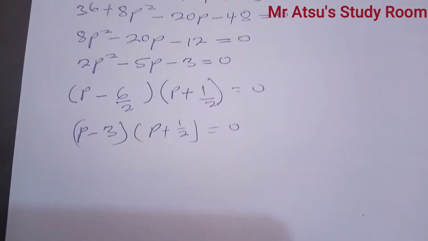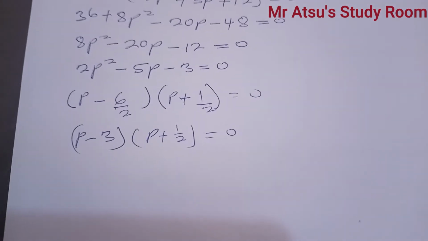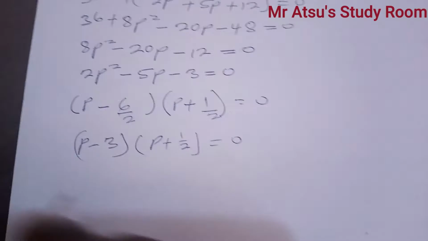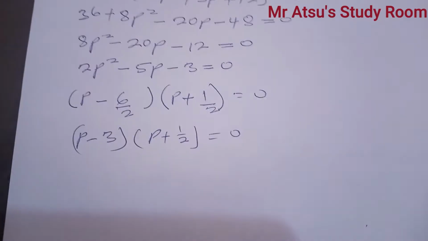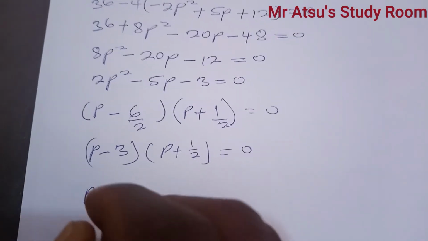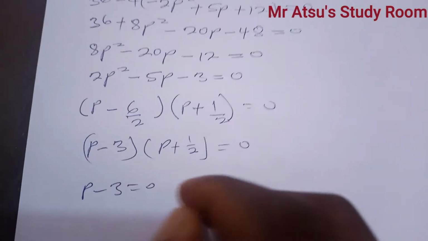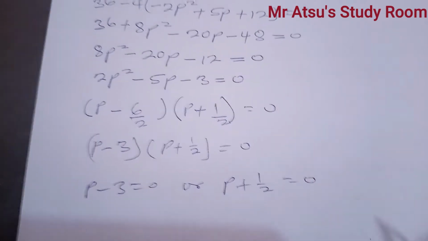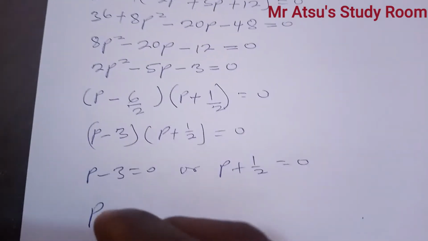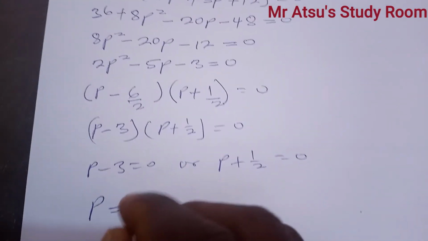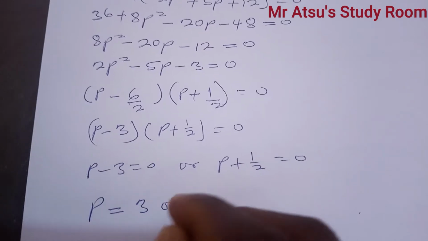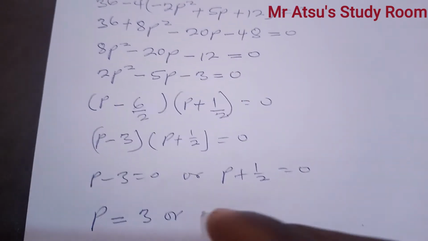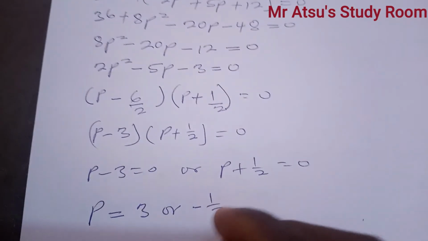Then, as you know about the null factor theorem, if the product of these two is 0, it's either p minus 3 equals 0 or p plus 1/2 equals 0. And now p will be equal to 3 or negative 1 over 2.